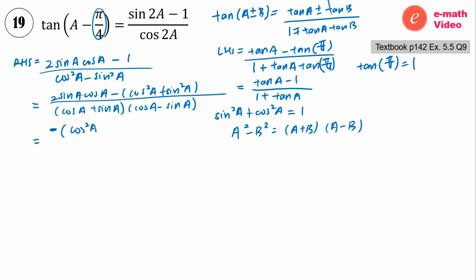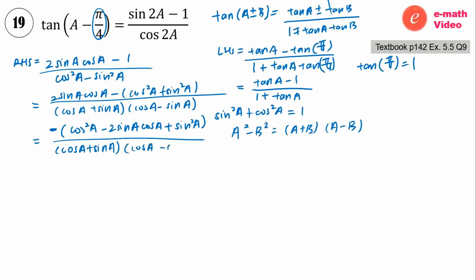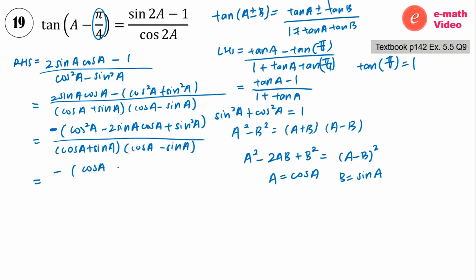Cos square A, then this one becomes minus 2 sine A cos A, then this one is plus sine square A, over cos A plus sine A times cos A minus sine A. Same thing on top, we have a square minus 2ab plus b square, which equals a minus b square, where our a is cos A and b is sine A. Equals to, don't forget the negative, cos A minus sine A square.